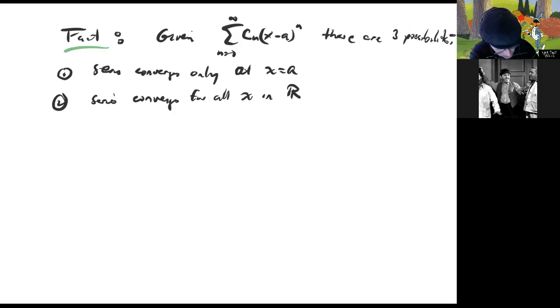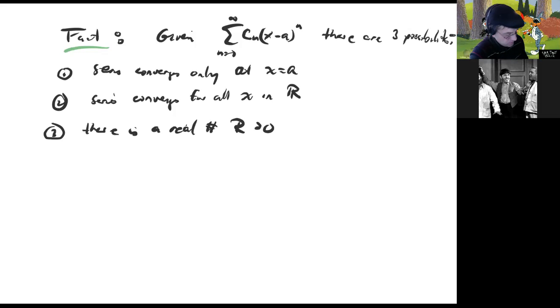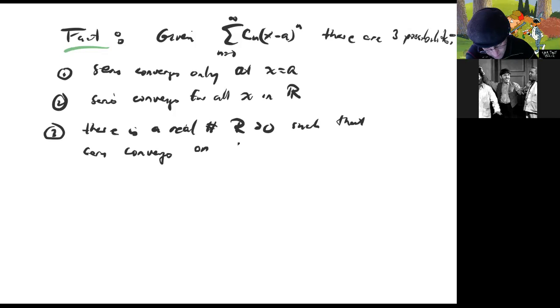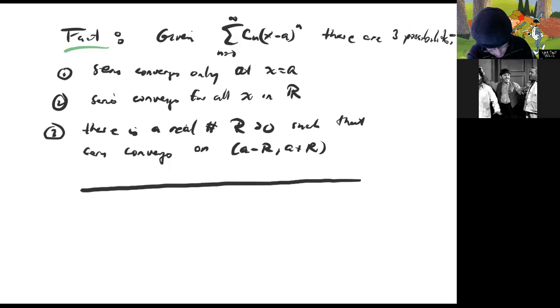In the third case, which is sort of the most interesting case, there is a real number r greater than 0, a positive real number, such that the series converges on the interval from a minus r to a plus r. So here's the picture that we have.